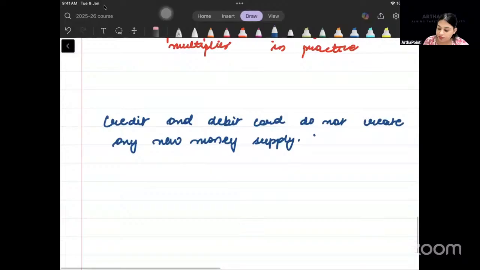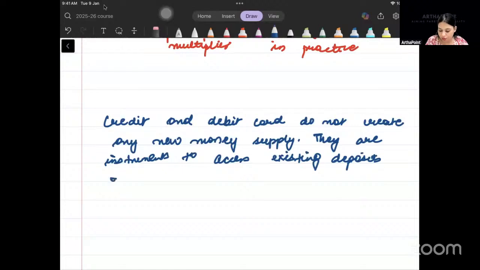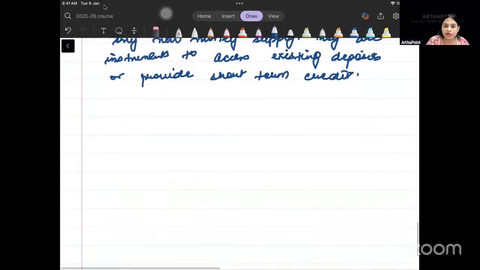So they are instruments to access the existing deposits or provide short-term credit, right?